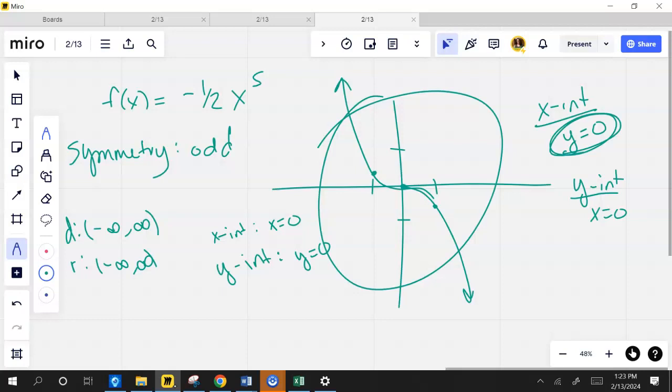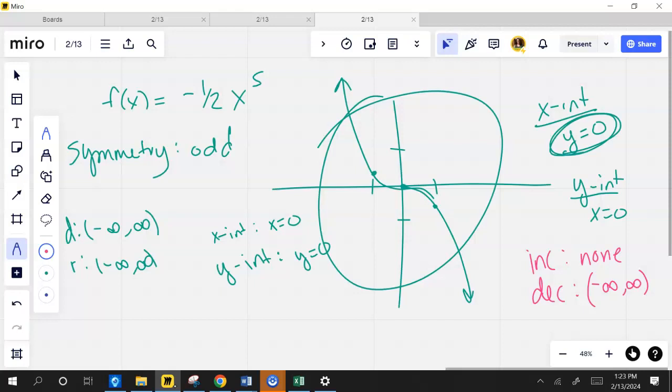All right, increasing intervals. Done. How about decreasing? Always. Negative infinity. How about, we said symmetry, discontinuities? None. Are any of these going to have discontinuities?